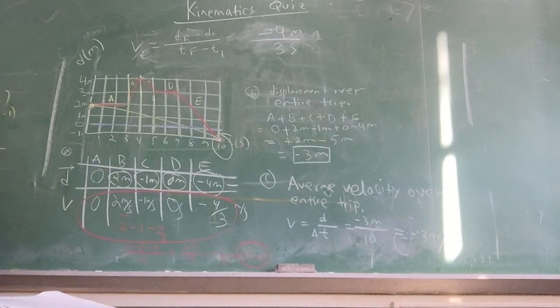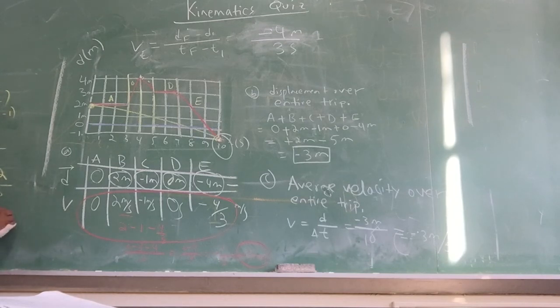So d final minus d initial is -1 minus 2, which is -3, over 10 minus 0, so -3 over 10, which is -0.3.